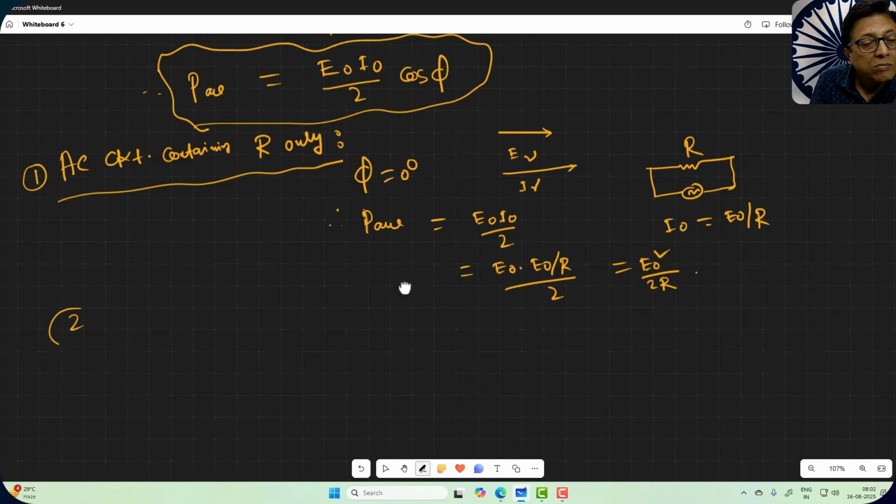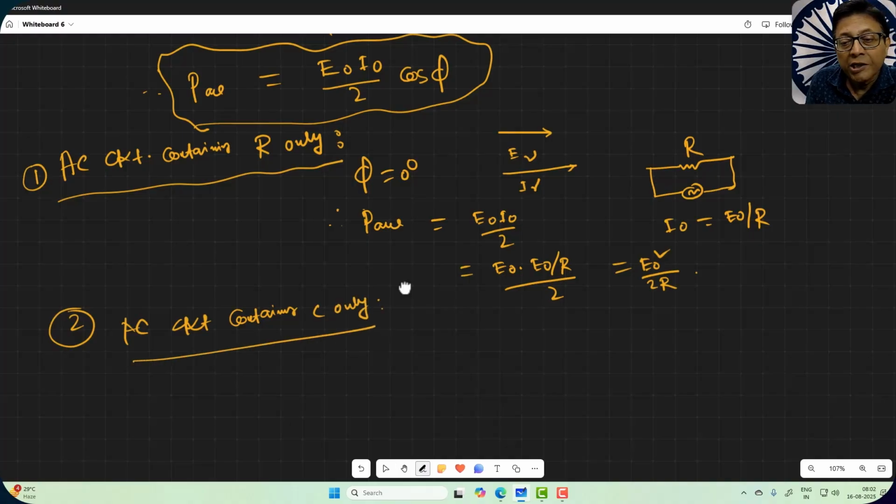Now, AC circuit containing C only. If you go by the phasor diagram, we need to remember the value of phi. If you don't remember it, then phi will be pi by 2 here.